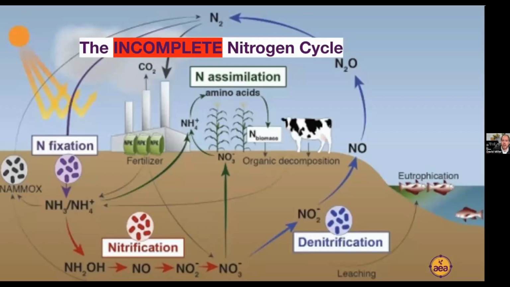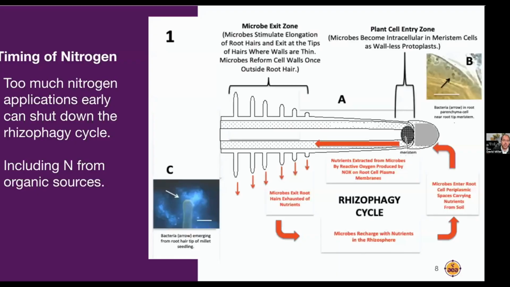As we know it now, based on the work by James White, the rhizophagy cycle allows the plant to take up protein forms of nitrogen as well as even microbial bodies, and stripping the bacteria then of the various forms of nitrogen. So that's not the point of the conversation today, and yet it's very important to understand.